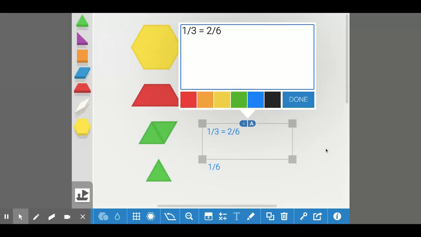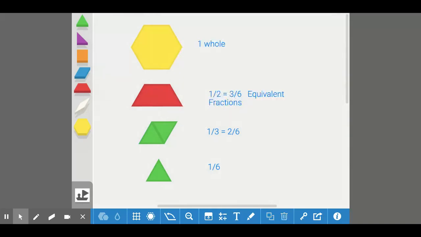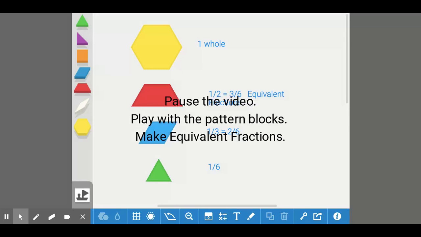So again, those are equivalent fractions. Okay, I'm going to stop there, and you can just practice trying to figure out what other fractions you can make that are equivalent. So what are the equivalent fractions to 1 whole?